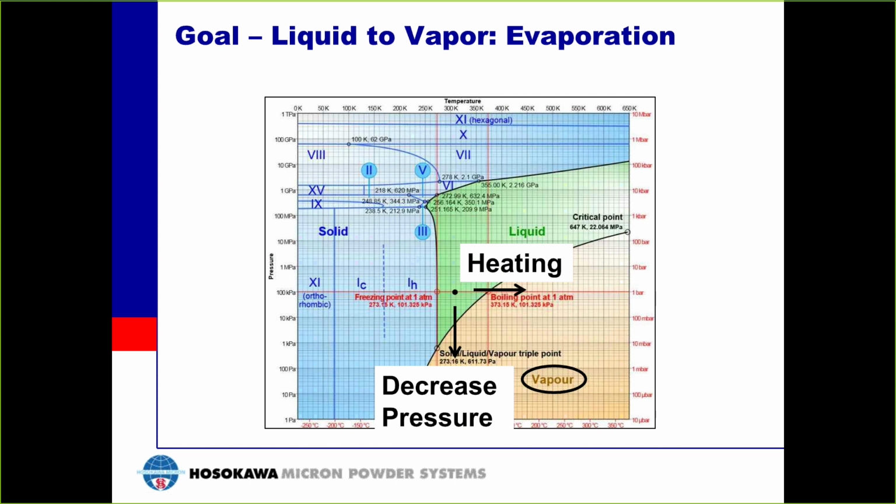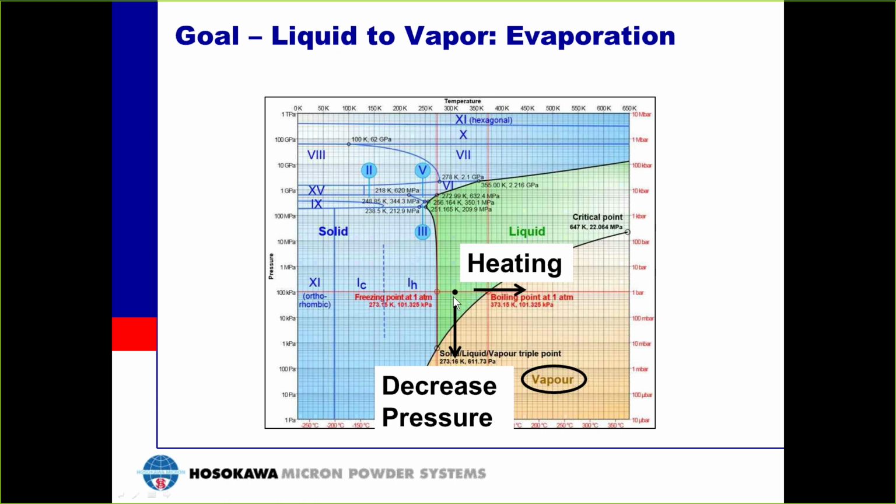So if your goal is to go from a liquid to a vapor, you're going to be performing evaporation. You can do this in two ways. You can heat the mixture, and that is going to take you past the boiling point, and it's going to cause you to generate your vapor.